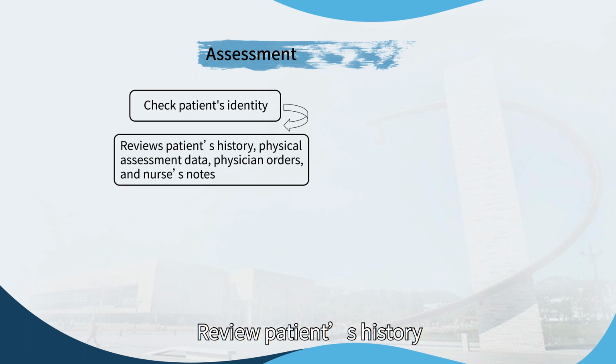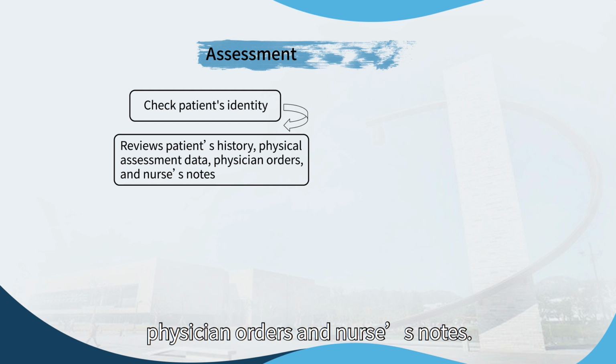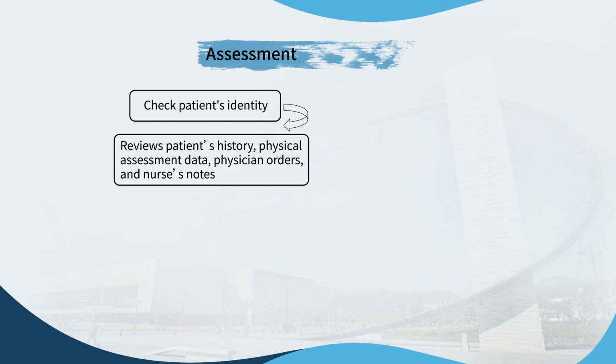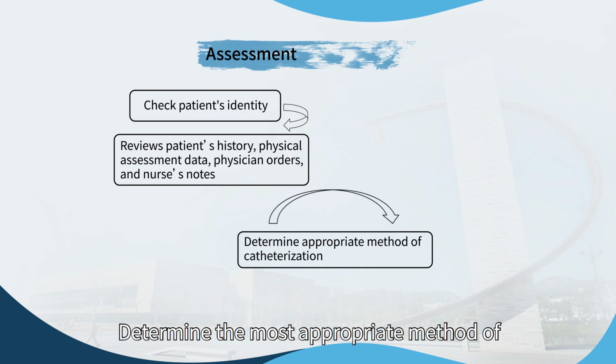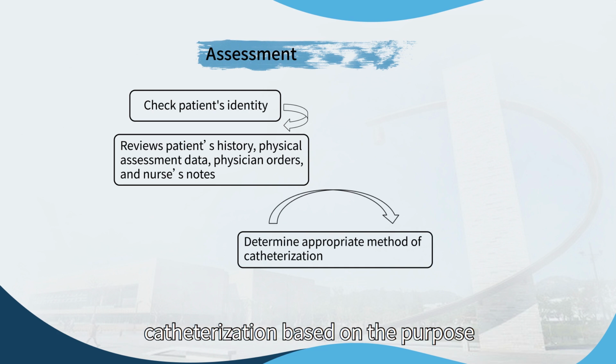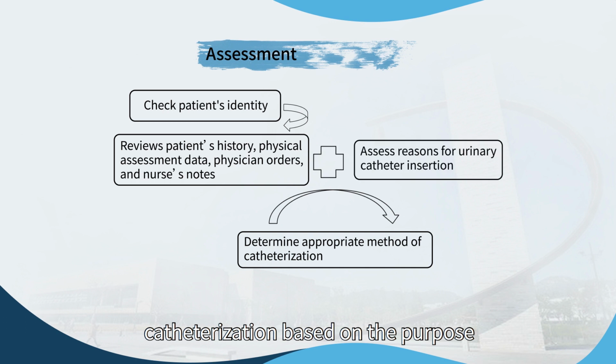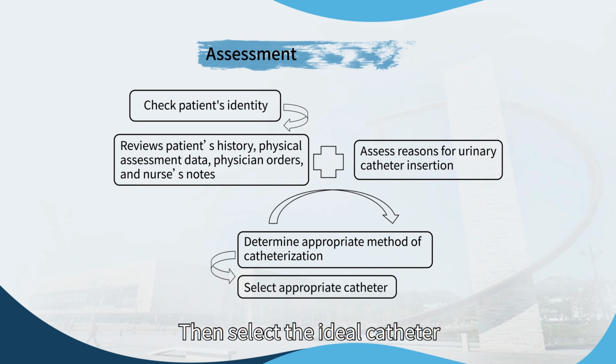Review patient's history and physical assessment data, physician orders, and nurse's notes. Determine the most appropriate method of catheterization based on the purpose and any criteria specified in the order. Then select the ideal catheter according to the guidelines.